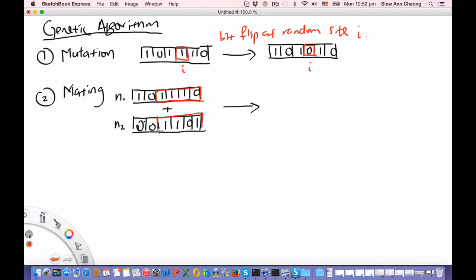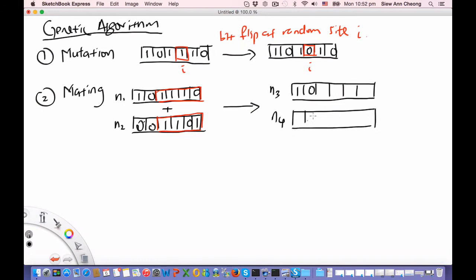So let's say this is the block that is going to be exchanged between N1 and N2, and as a result of the exchange, you end up with two different strings, N3 and N4. The first one has the same beginning bits as N1, and the second one has the same beginning as N2, but the rest is swapped. So this is 1101, and this is 1110. Let me highlight the portion that is swapped. So here it is.